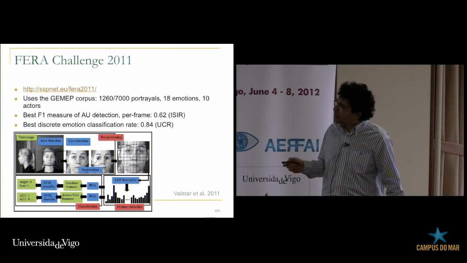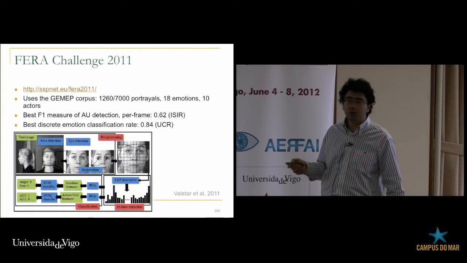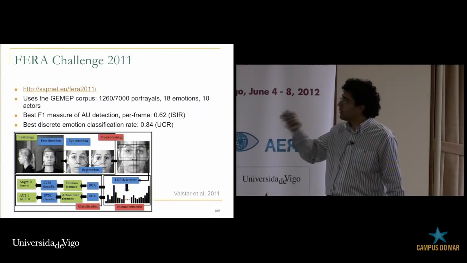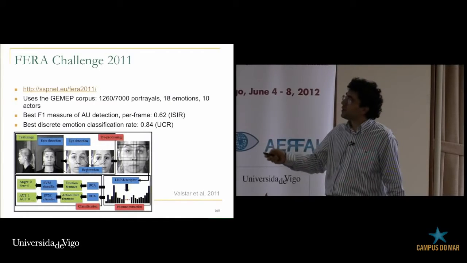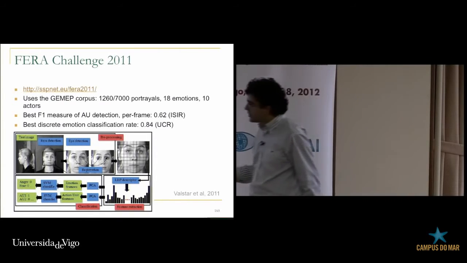And they ask you to detect action units or classify emotions in a discrete way. So the best per frame action unit detection rate is 0.62 as F1 measure, and the discrete classification rate is 0.84. And this is the baseline system.